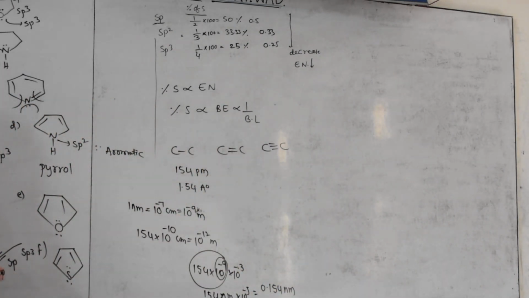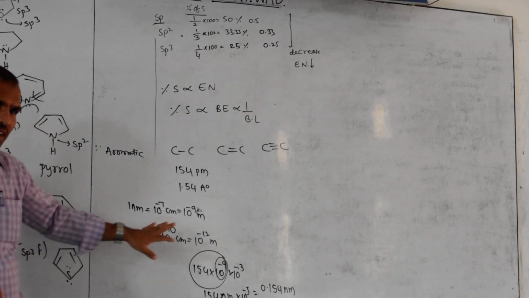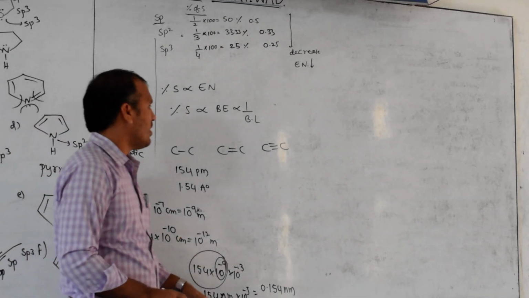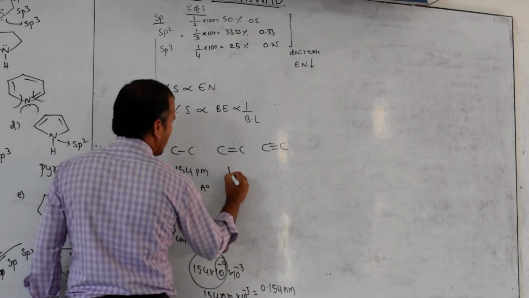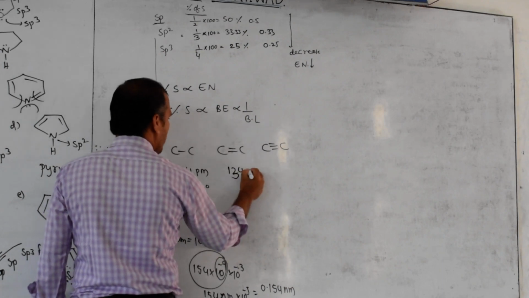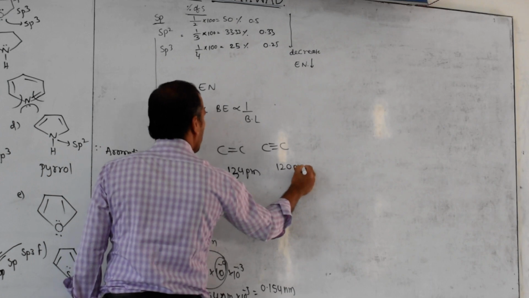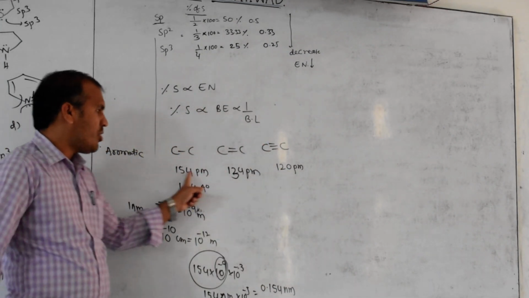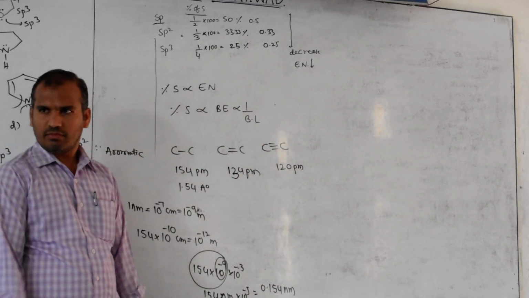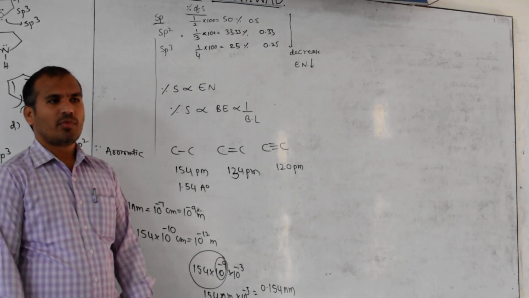Like this, you have to do the conversion. If they give nanometer, you can convert to picometer. That is your choice; whatever they ask in the examination, we have to follow. This is not very difficult; these are very simple methods. Now this is 134 picometer, and this is 120 picometer. These values you have to remember compulsorily, because they are directly asked. What is the carbon-carbon double bond length?